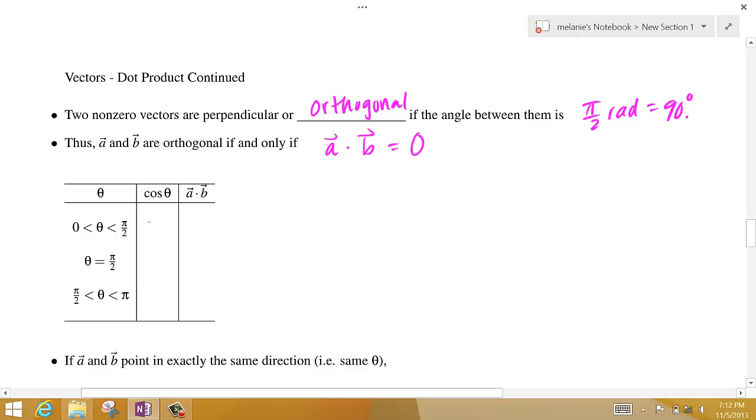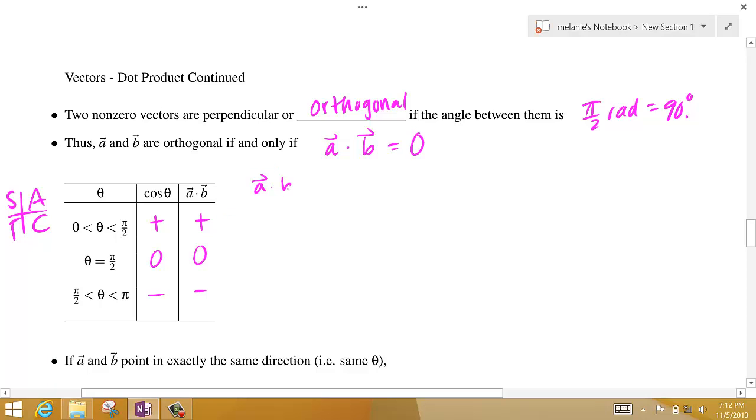If theta is between 0 and pi over 2, so if you're looking at your quadrants, A, C, D, S, cosine's positive. So my dot product is positive. If theta is pi over 2, cosine of pi over 2 is 0, so my dot product is 0. If theta is between pi over 2 and pi, I'm in quadrant 2, cosine is negative, so my dot product is negative. What do each of these mean?